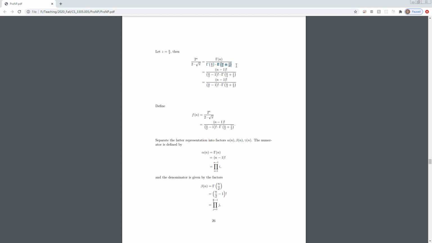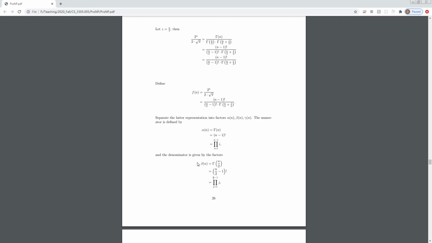We're just going to try and manipulate it a little. Using product notation, which is the same as summation notation, except instead of plus signs, you're multiplying, and it ranges from 1 to n minus 1. So that's product notation for the factorial function.